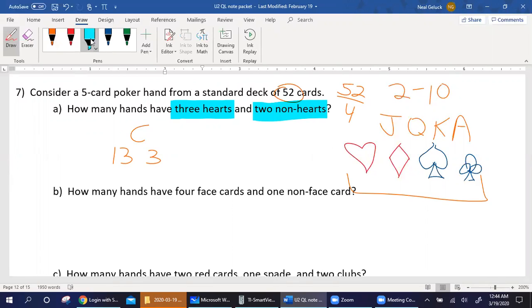For the second part, 2 non-hearts. Again, we're talking combinations here. Well, if there are 13 hearts, there are 39 cards that are not hearts. I'm going to choose 2 of those. You'd figure out each one of those individually and multiply them together, and you'll get 211,926.